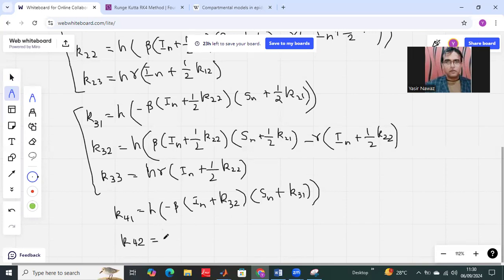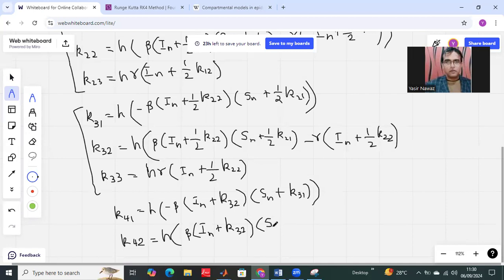So that's H times beta, In plus the previous component for In, which is K32.